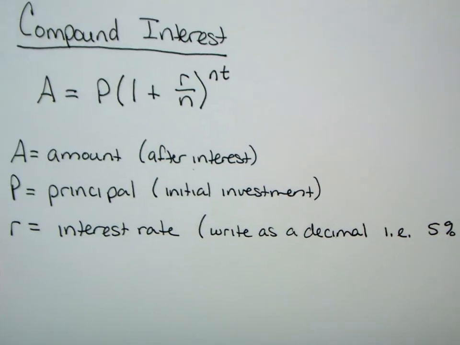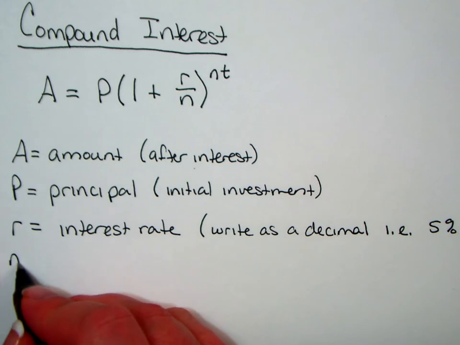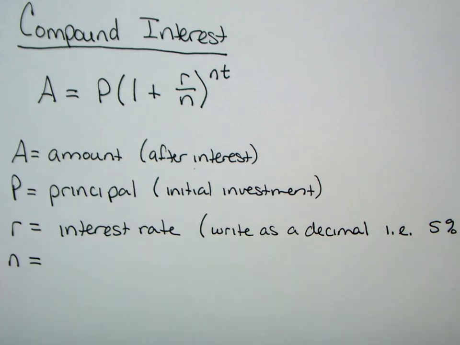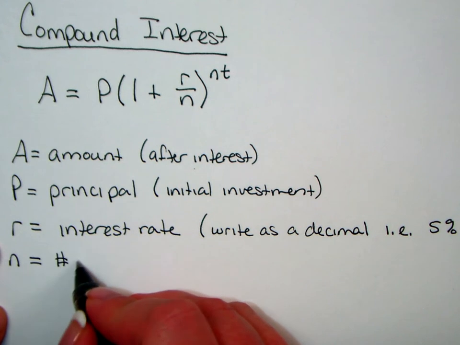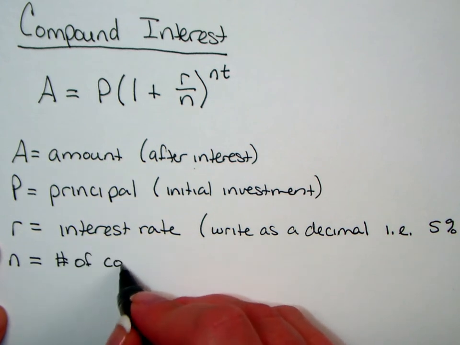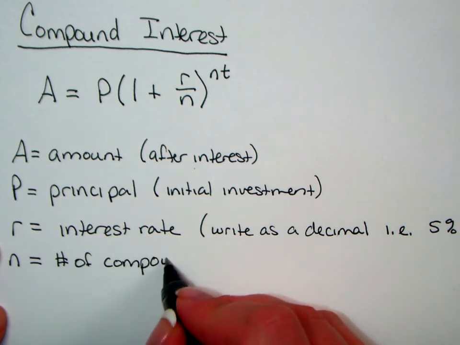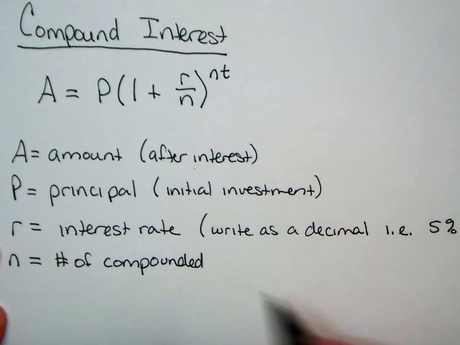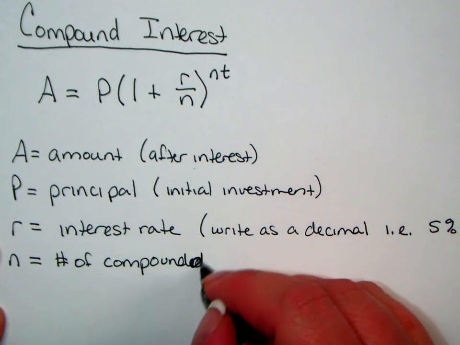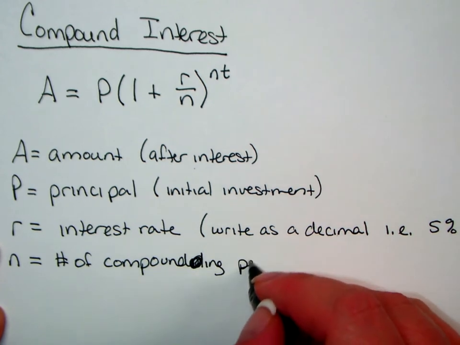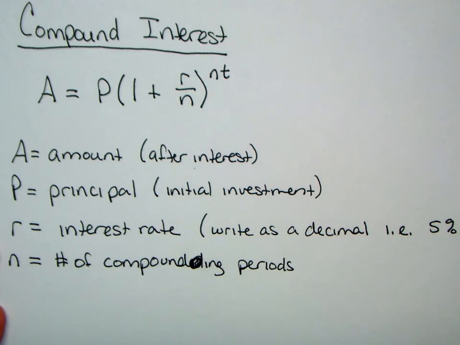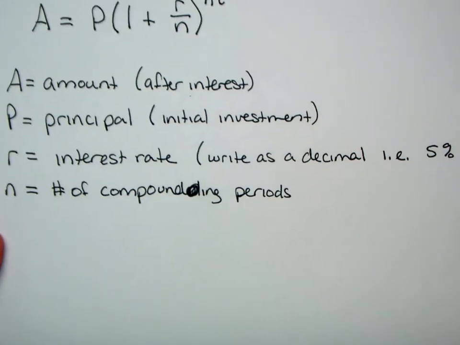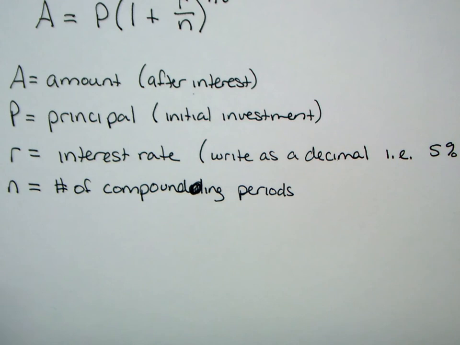Okay, R. Right, N is our new variable here. N stands for the number of compounding periods. How often is the interest being added to the account? All right. So interest is compounded annually, semi-annually, monthly, weekly.